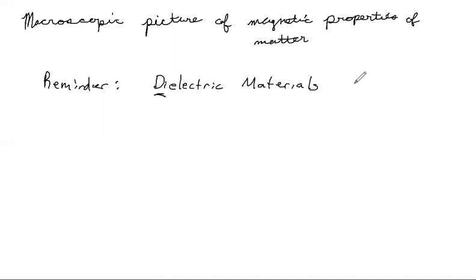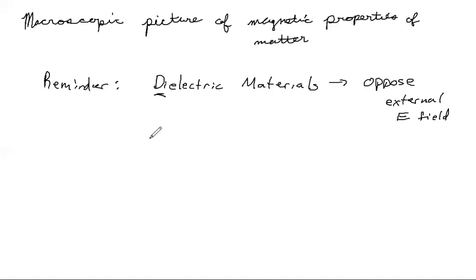It means that they oppose the external electric field. So if you start with an electric field in space, and then you fill the region with dielectric material, the resulting combined electric field will actually be smaller than it was before.